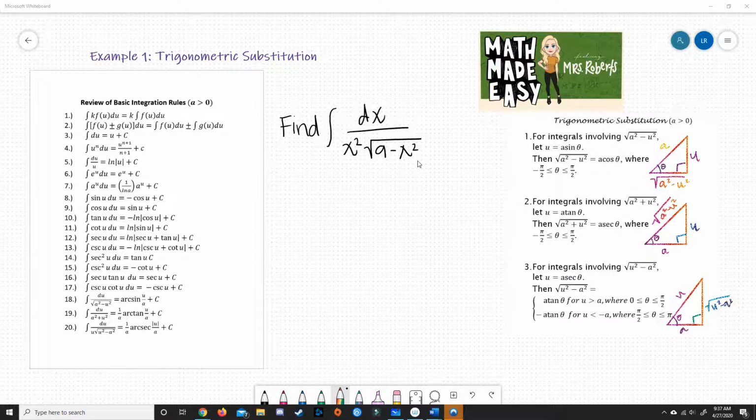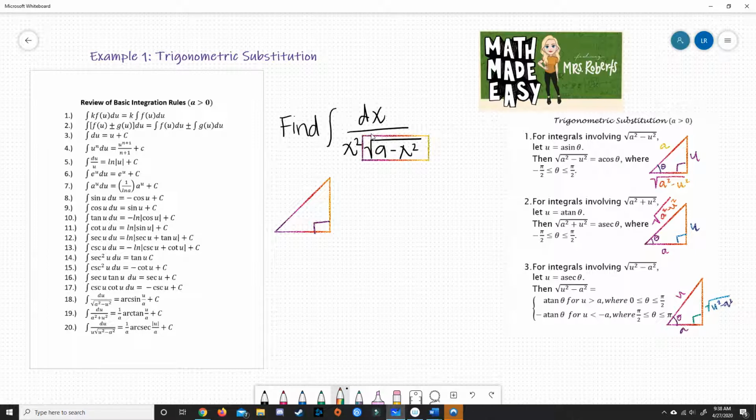This is going to be trig substitution because we see that square root of 9 minus x squared. And that 9 minus x squared is going to be like a squared minus u squared, where a is 3 and u is x. So let's go ahead and draw a triangle. And then we need to figure out where these things are going to go. Now, you want to look at this component of it first.